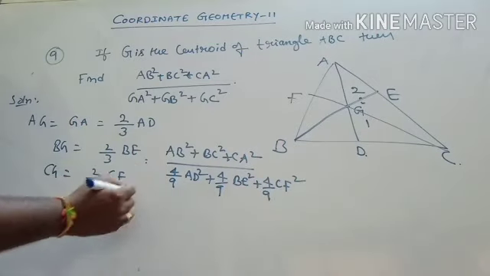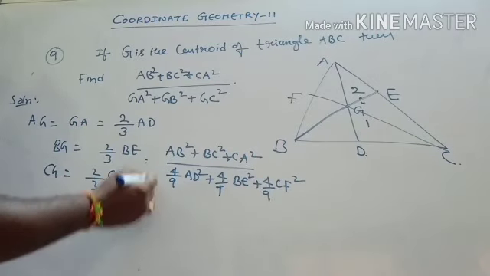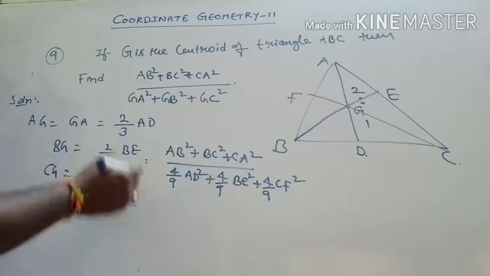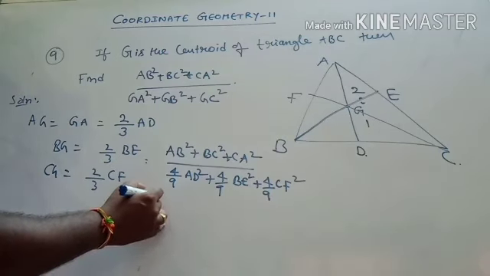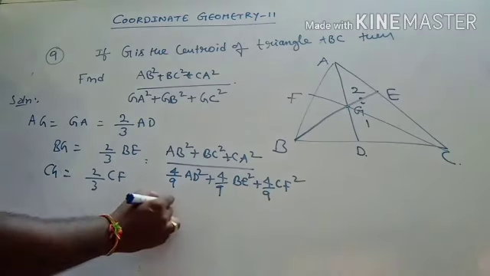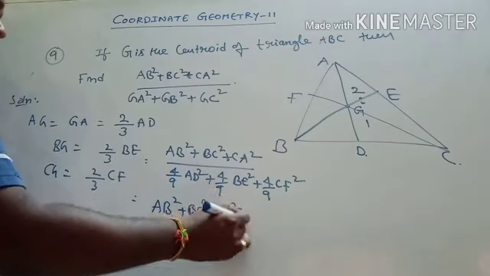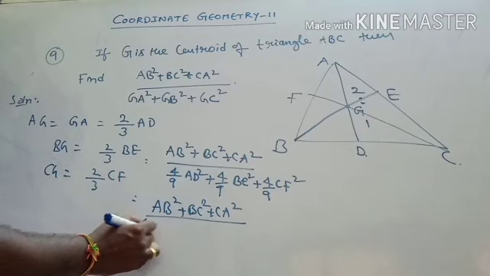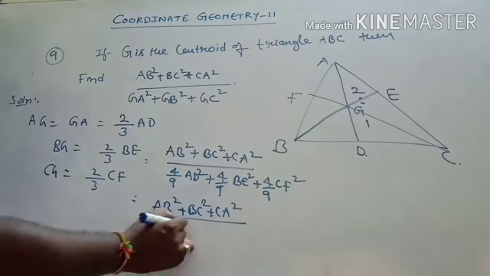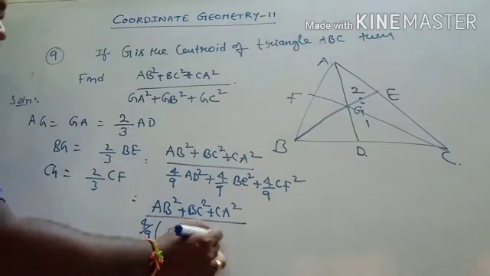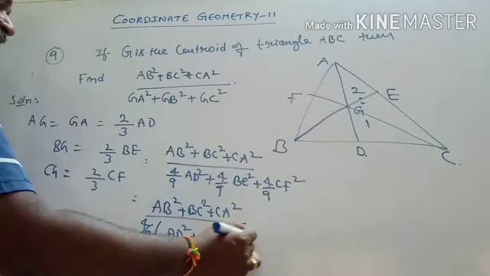Now if you take 4/9 common, you are going to have AB square plus BC square plus CA square by 4/9 times AD square plus BE square plus CF square.